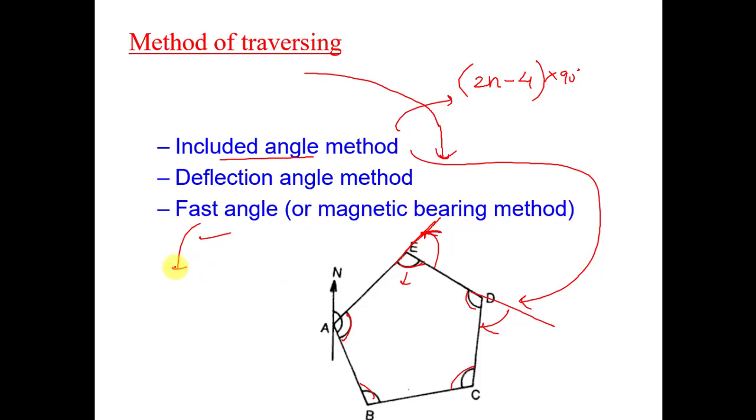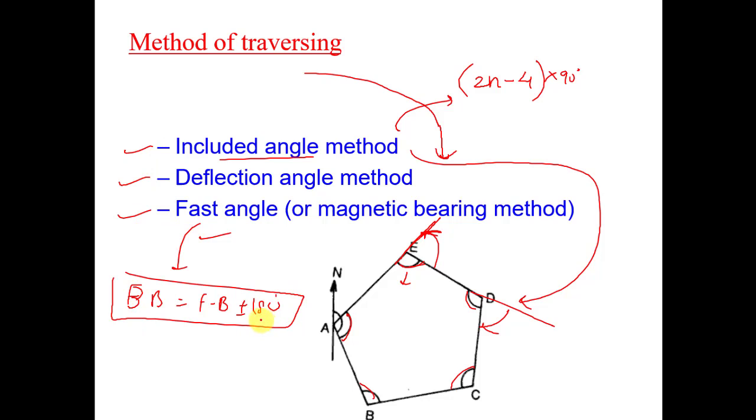In this case, we have a formula: back bearing is equal to fore bearing plus or minus 180 degrees. This we already covered. This one we will discuss later on, and the included angle is also covered when we talk about this method.